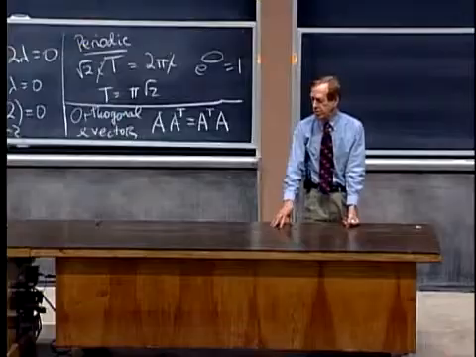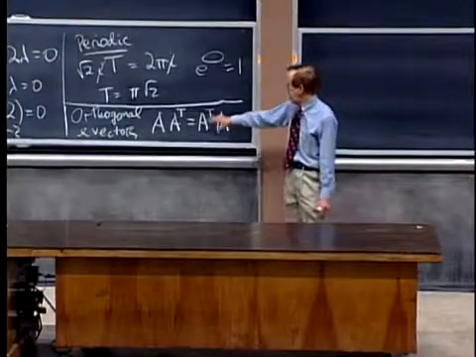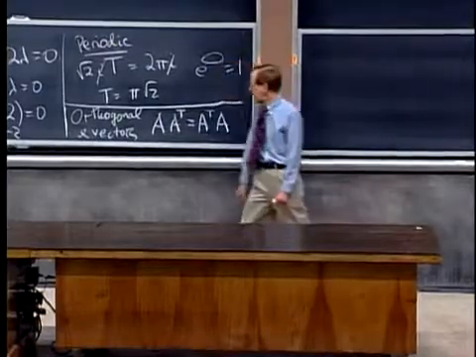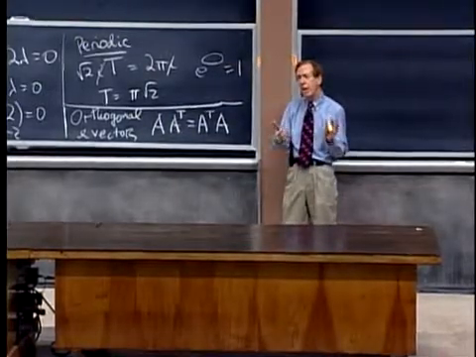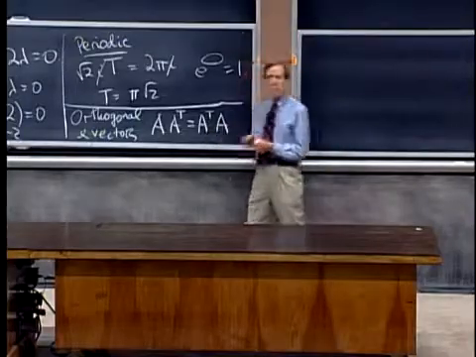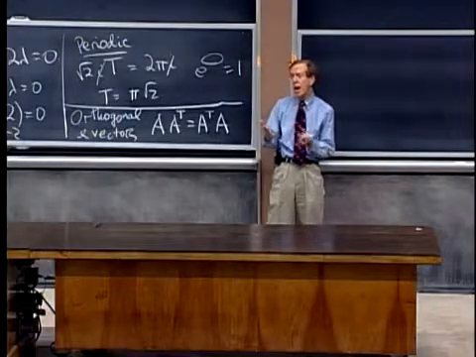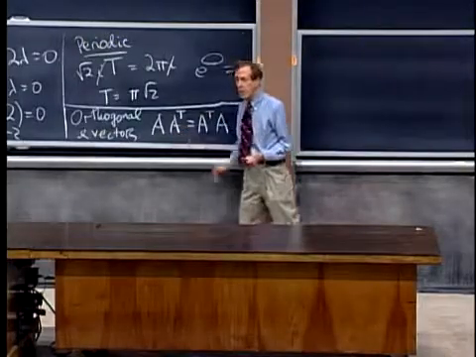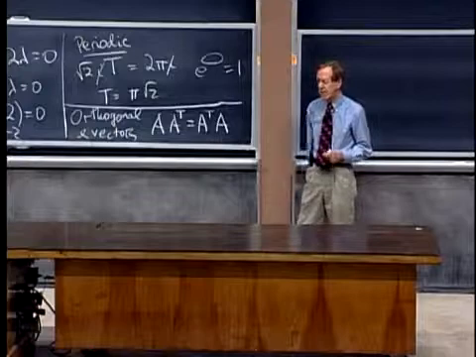Do orthogonal matrices pass this test? If A is a Q, do they pass the test for orthogonal eigenvectors? Well, if A is Q, an orthogonal matrix, what is Q transpose Q? It's I. And what is Q Q transpose? It's I. We're talking square matrices here. So yes, it passes the test.